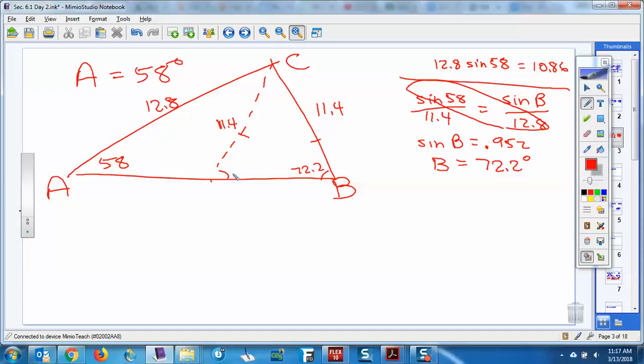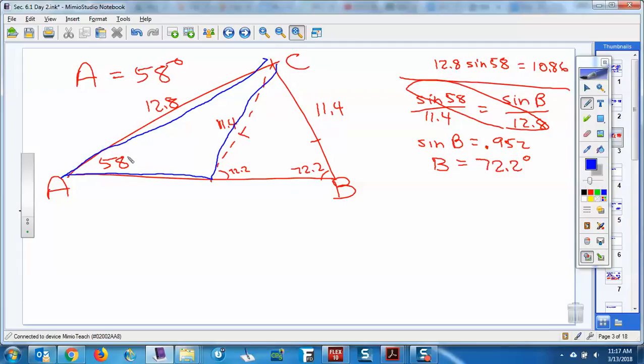Now, how you fill this in, I don't care. If this is 72.2, if you think of your little isosceles, you think of that swinger here being on these two different places, you could say, well, this is going to be 72.2 also. And so therefore, what's this got to be? That's got to be 180. So our second triangle, let me put it in blue. So here's our second triangle right here, right?